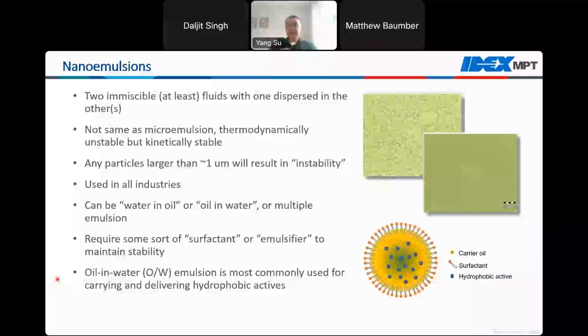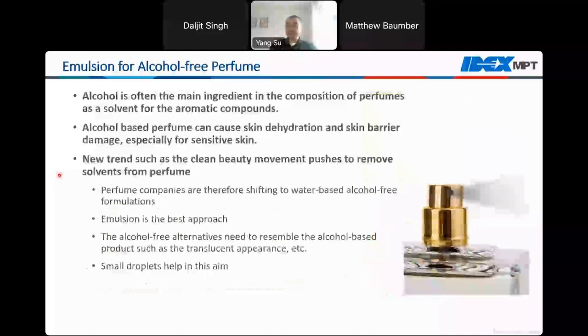I would say by far, oil-in-water emulsion is probably the most commonly used, because of its ability to carry and deliver hydrophobic actives. A lot of actives, especially functional cosmetic ingredients, are water insoluble, so you would need a carrier oil to achieve encapsulation and delivery of those ingredients. So this leads to the first example of making an emulsion for alcohol-free perfume.